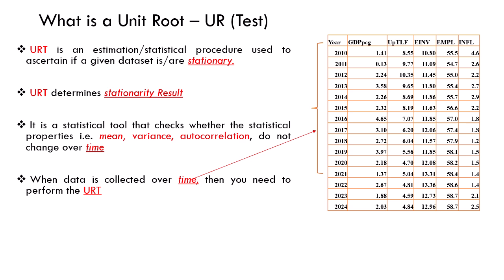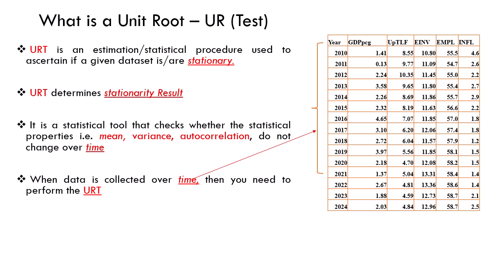By so doing, we mean that the stationarity of the data tends to return back to a mean over time. So that's what necessitates the need for a unit root test.